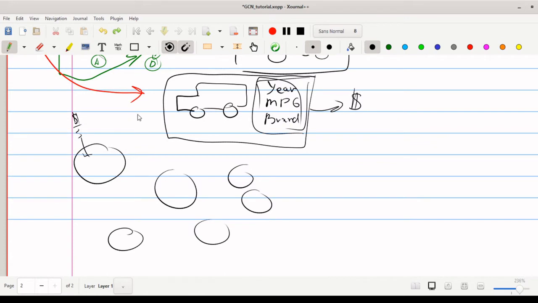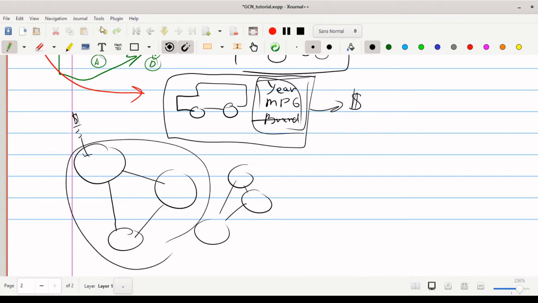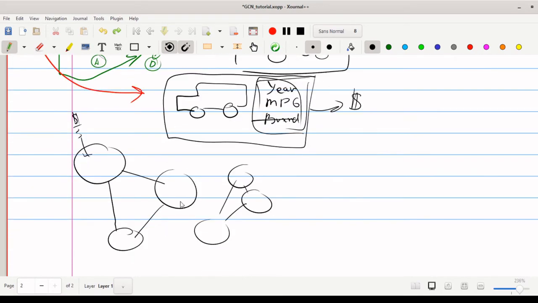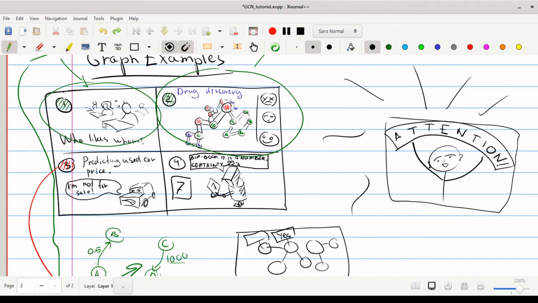That being said, if, for example, we don't have the brand name in the feature, and instead this brand name is implicitly represented in the similarities between cars, so let's say all cars of the same brand are connected, and this is true for every brand. In this case, if we were to get the car brand information in this vague implicit way, using graphs for modeling this problem would be very reasonable. Again, my answers to those questions are not set in stone.